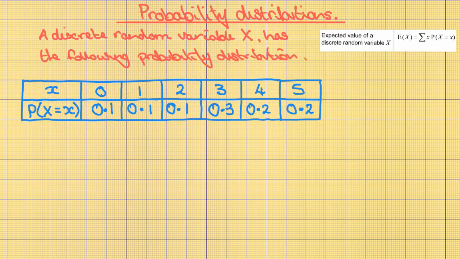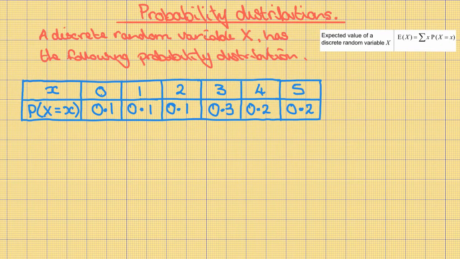The first words, discrete random variable x. Well, a discrete random variable is a variable such as scores in a test. Here we have a table with the top line little x, which can be 0, 1, 2, 3, 4 and 5.